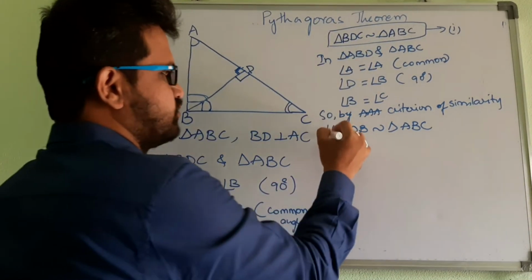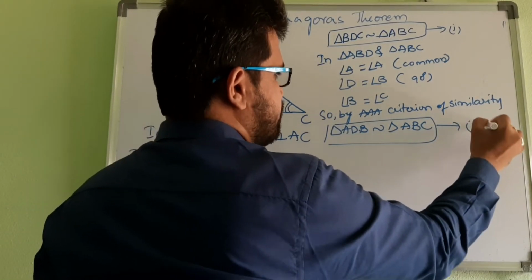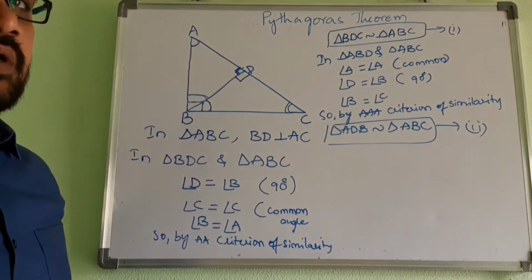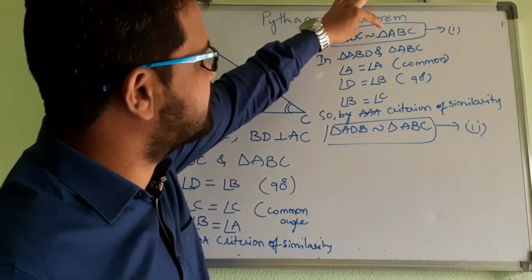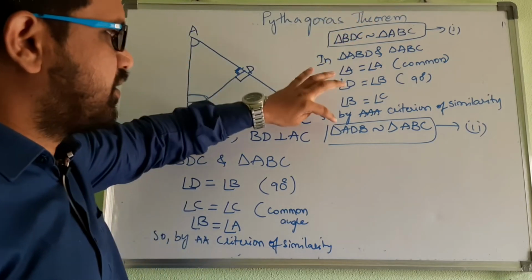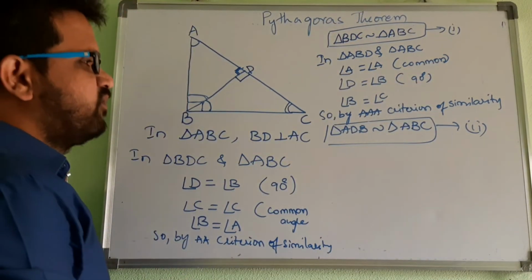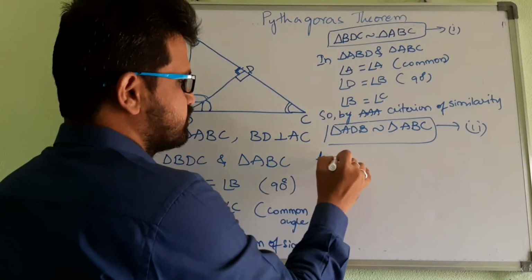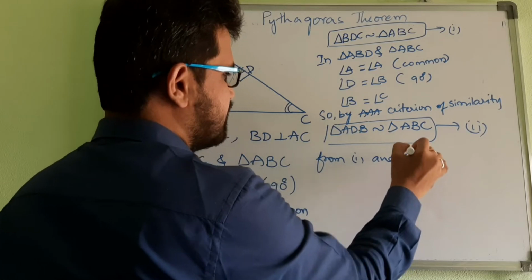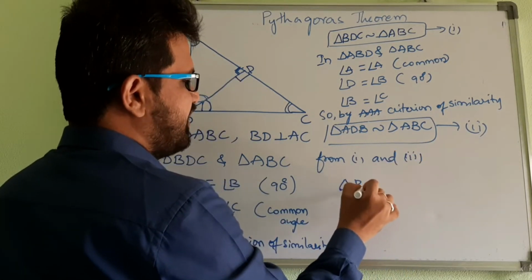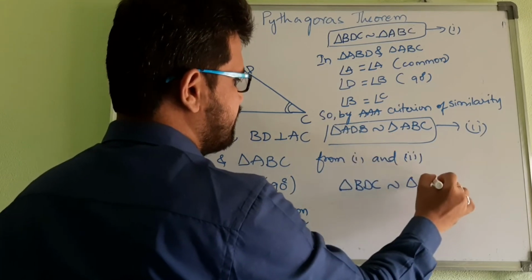Let us take this as equation 2. So from these two, we can say that triangle BDC is similar to triangle ABC, and triangle ADB is similar to triangle ABC. So from 1 and 2, by the transitive property, triangle BDC is similar to triangle ADB.